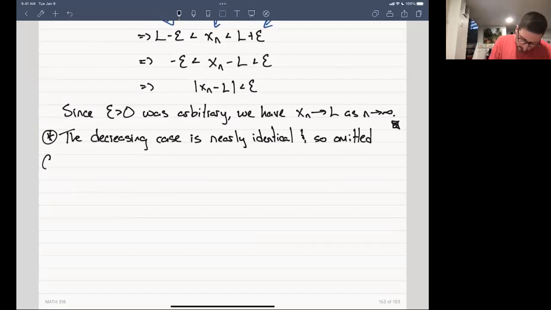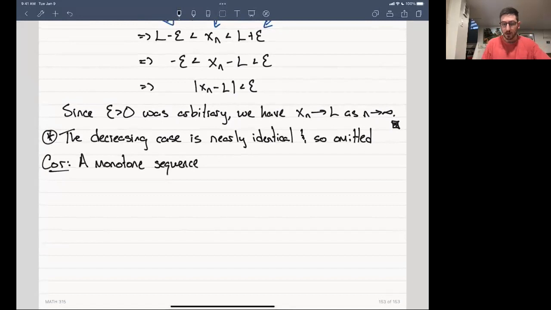But we have an immediate corollary that comes from this. This corollary says that if you have a monotone sequence, then it will converge if and only if it is bounded.